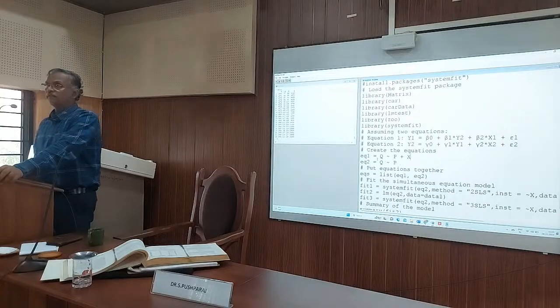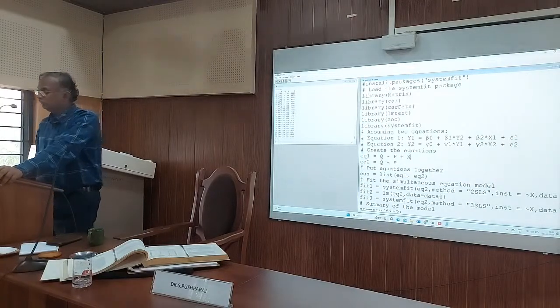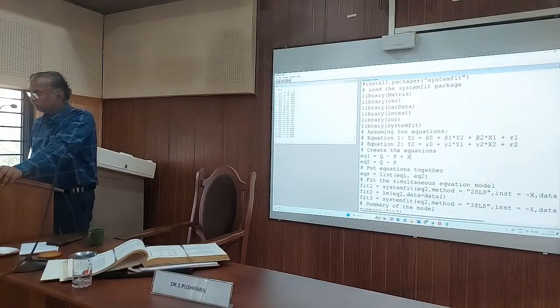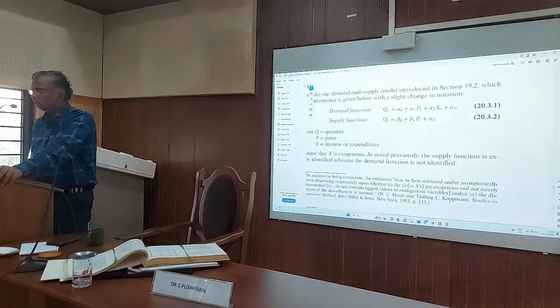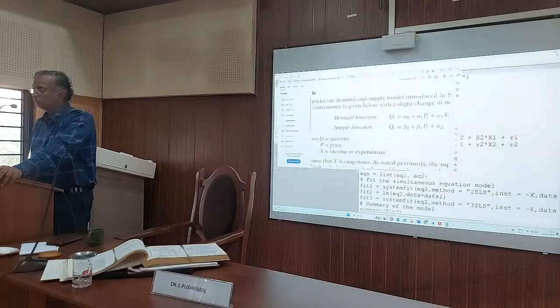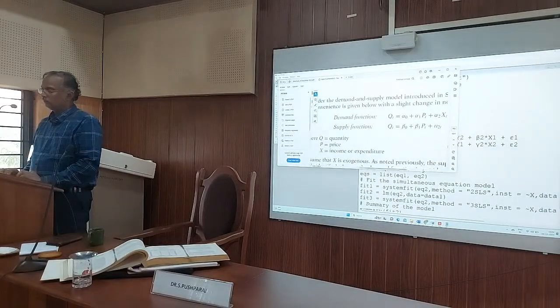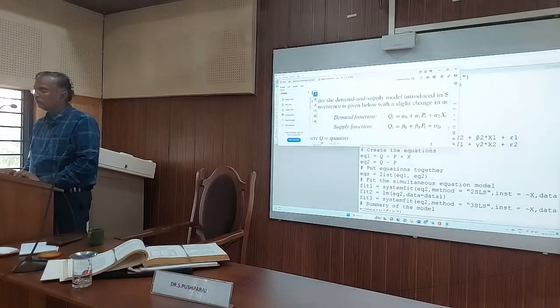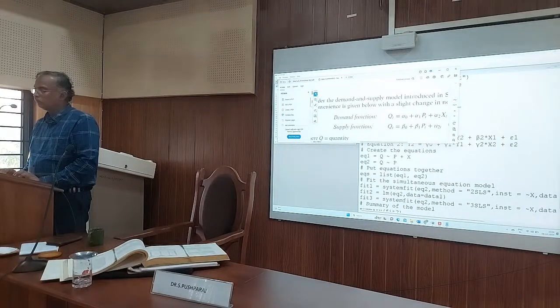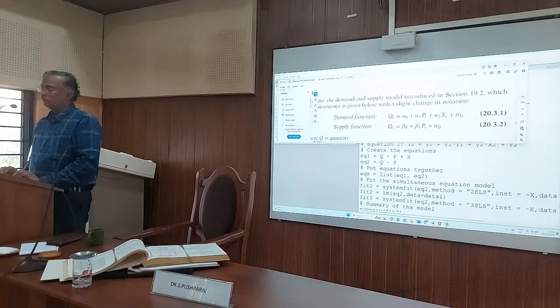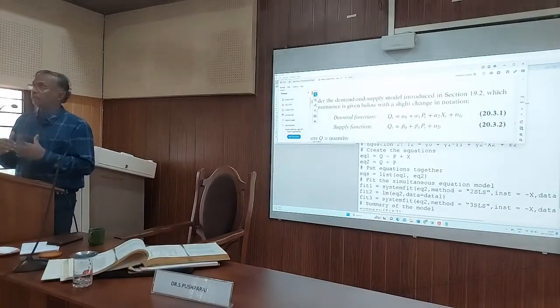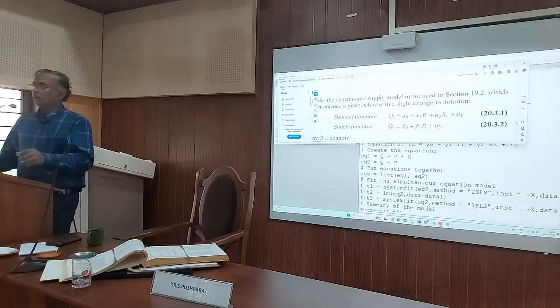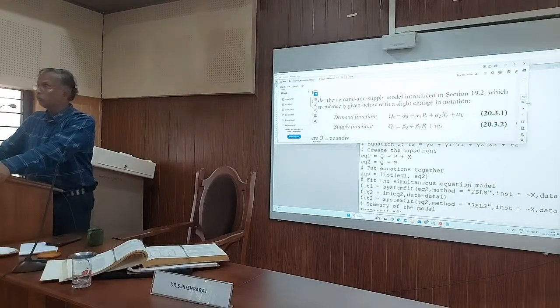Okay, so I have defined this equation. First equation. Only the stochastic equations have to be specified. Identities have to be removed. All the identity equations have to be removed.